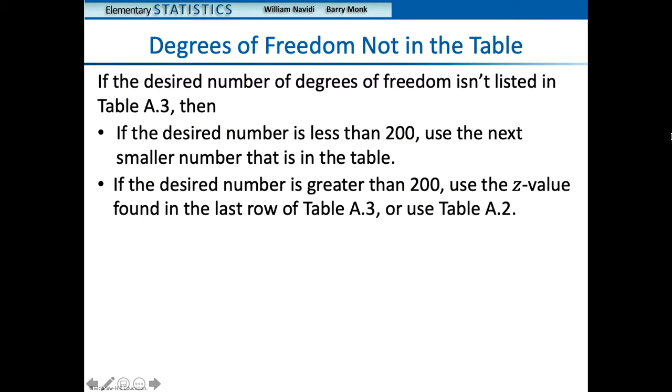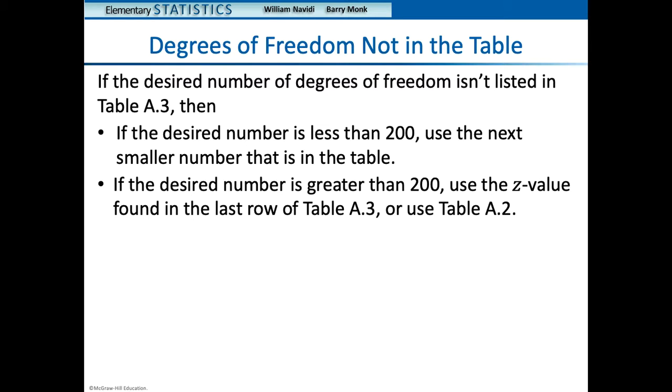If the desired number of degrees of freedom isn't listed in the table, follow one of these two rules. If the desired number is less than 200, use the next smaller number in the table, right? So if your desired degrees of freedom is, say, 46, use the row corresponding to 40, because that's the next smaller number.